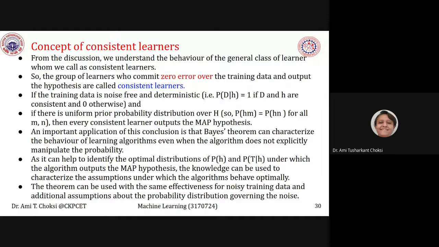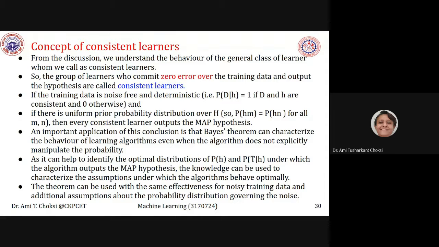What we are saying is we have first assumed that the training data or the target is noise free, but it is not always the case, right? But we say that the theorem can be used with the same effectiveness for noisy training data, and additional assumptions about the probability distribution governing the noise.